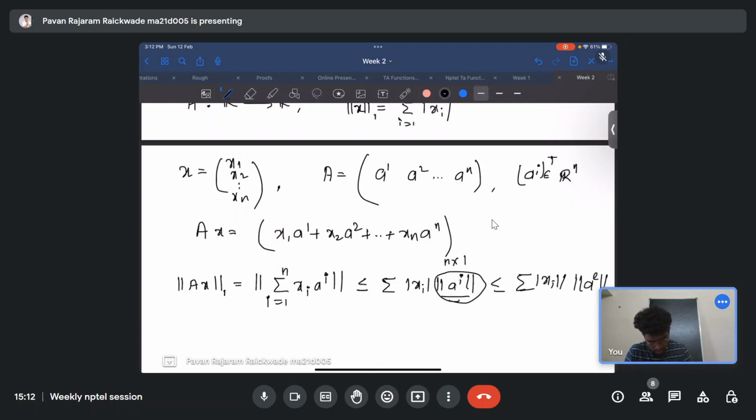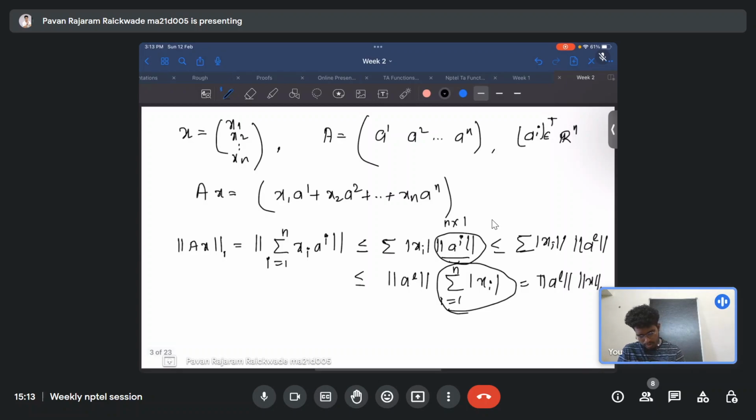Each norm of ai is less than or equal to norm of al, so I can take it outside. This is less than or equal to norm of al into the summation of modulus of xi, i going from 1 to n. But this quantity is simply the one norm of x.